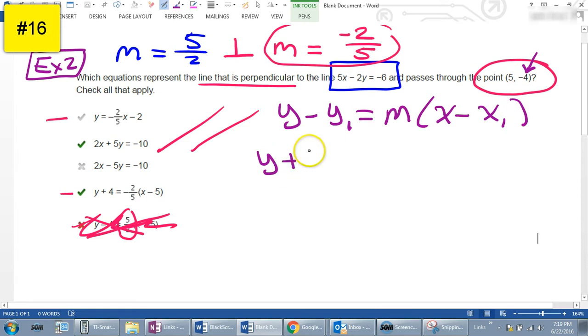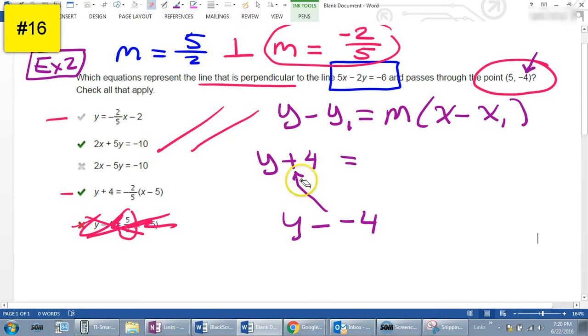So it's going to become positive 4 when you put it in. The reason why is because it's going to be y minus negative 4. And do you know how to do minus and negative? Positive. That's why it becomes y plus 4. So basically when you put it in, it changes signs because of that.